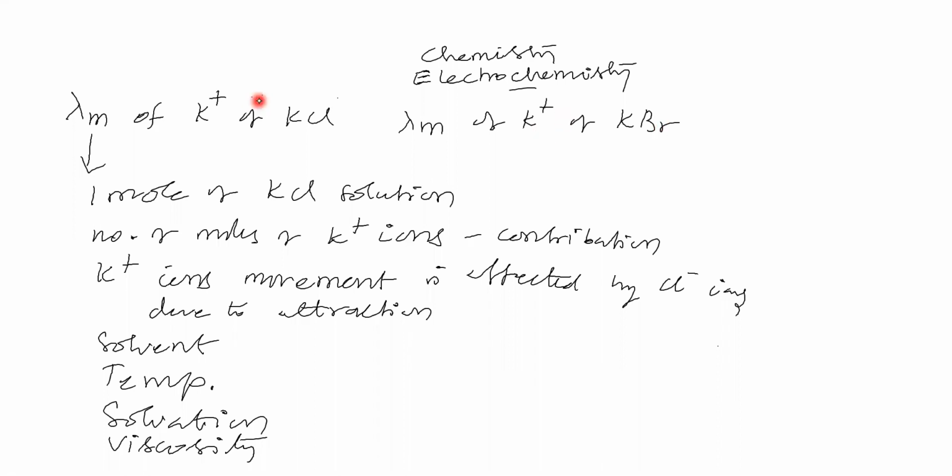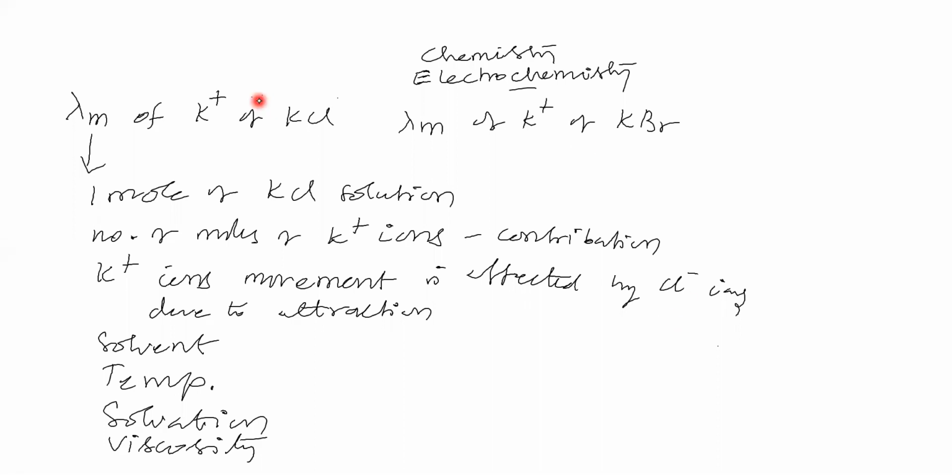So Cl minus ions are attracting K plus, and Br minus ions are attracting K plus. Do you think the attraction between Cl minus and K plus, and between Br minus and K plus, remains the same or different? You are saying different. Why do you think it is different?